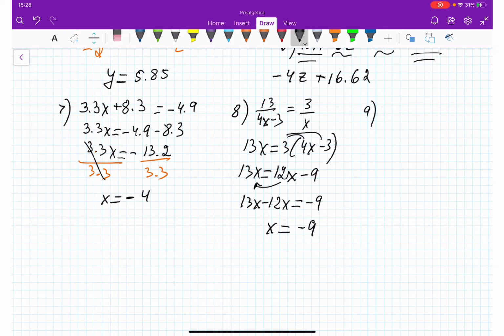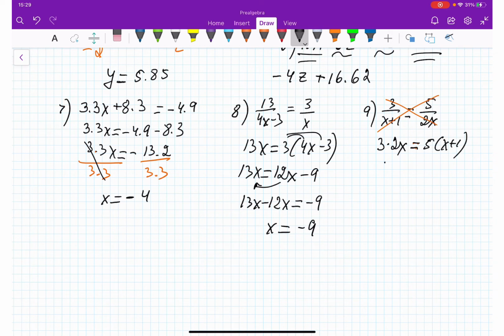We have 3 over x plus 1 equals 5 over 2x. Okay? So, we are doing cross multiplication: 3 times 2x equals 5 times x plus 1.